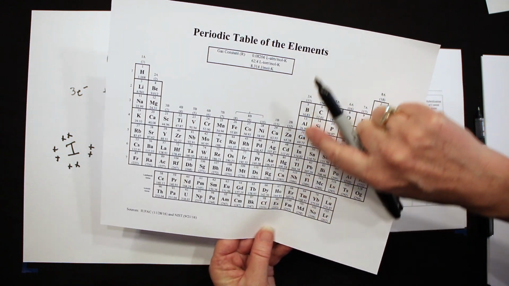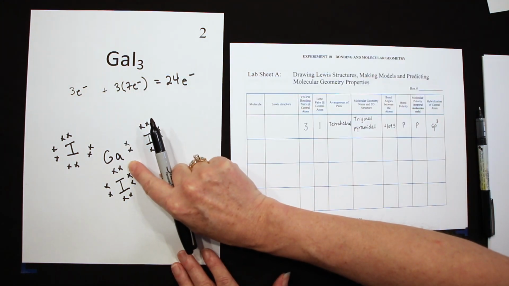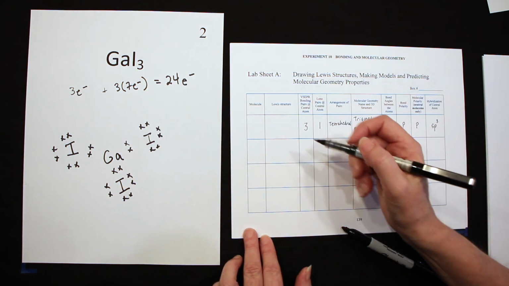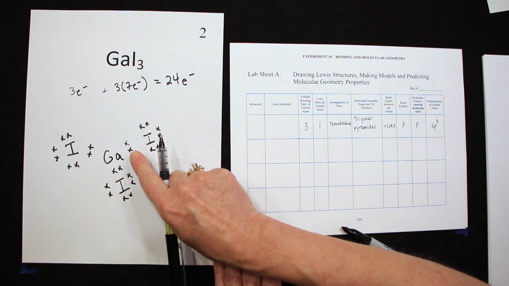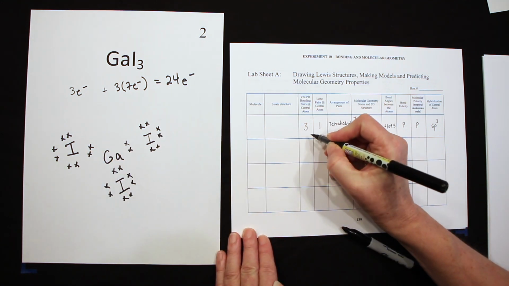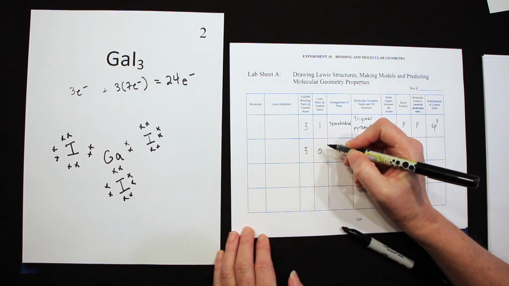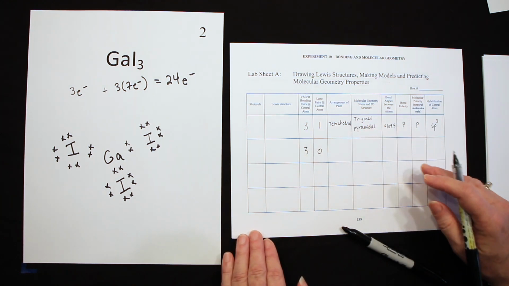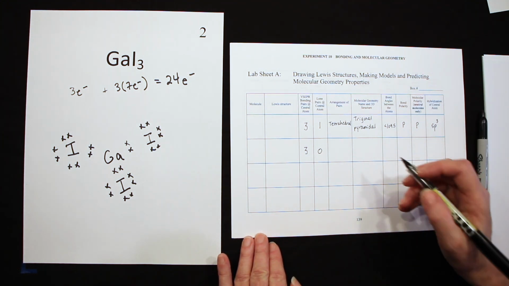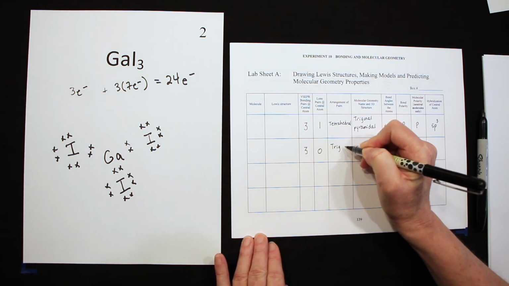It is very happy with just 3 bonds about it. Okay? So we look at our structure and we find that we have 3 bonding pairs and 0 lone pairs. You can refer to table 10.1, and any combination that adds to 3 will be trigonal planar.